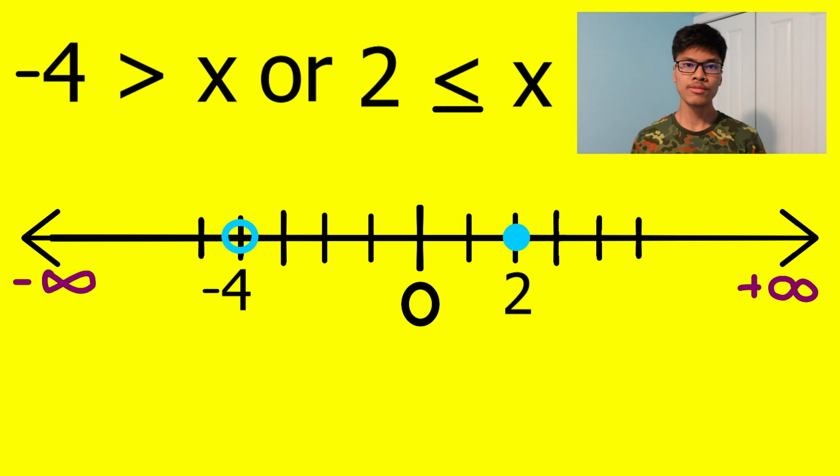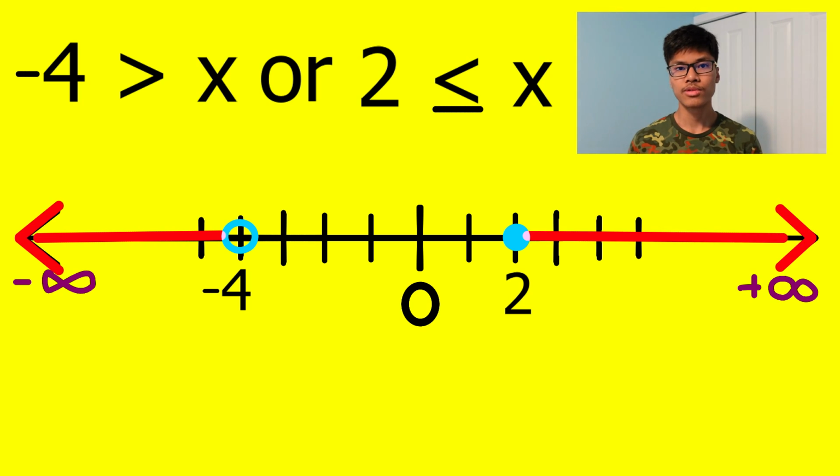So from the open circle, we will shade all the way down to the left side to show that any number that is below negative 4 is the value of x. And from the closed circle, we will shade all the way up to the right side to show that any number that is above 2 is the value of x.